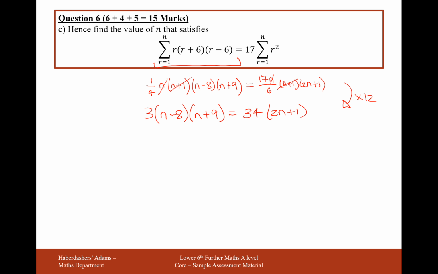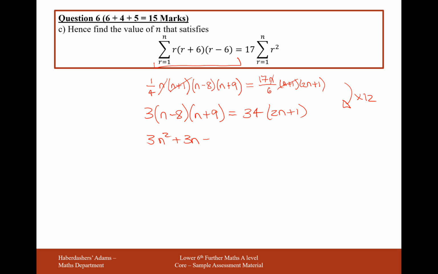Okay, let's expand our brackets now, and we're going to get 3n squared plus 3n, it's going to be minus 72 times by 3, that's going to be minus 216.